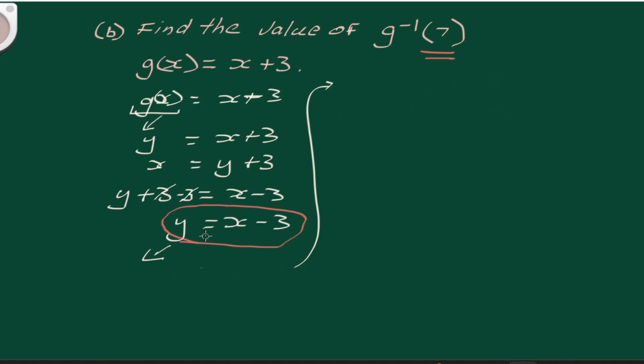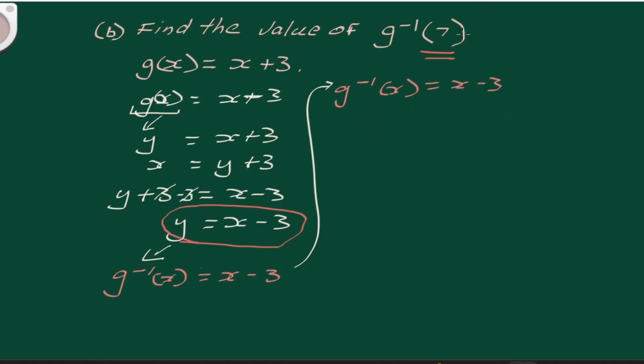So now that we worked out the inverse function, which is x minus 3, we're going to replace the y by g inverse x. So g inverse x equals x minus 3.